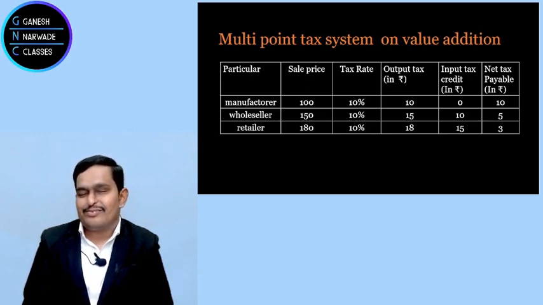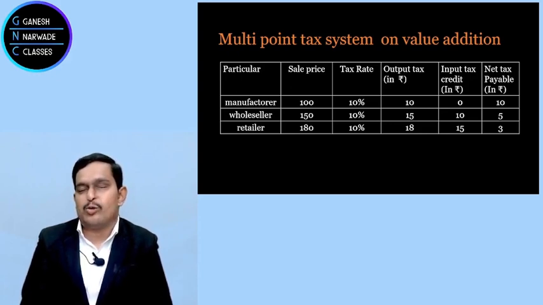No. 180 is the price. 18 rupees is the tax. So 180 plus 18 how much? 198. Am I right? 180 plus 18, 198. This is what customer has to pay to the retailer. Correct?